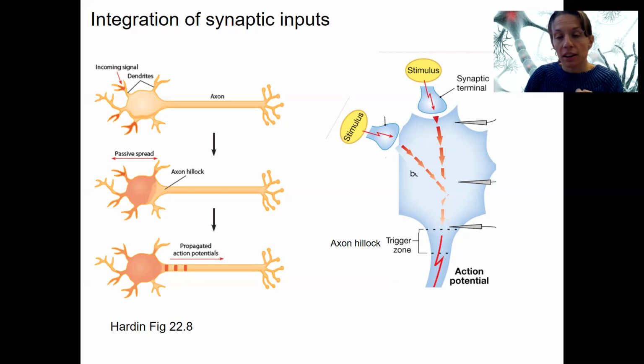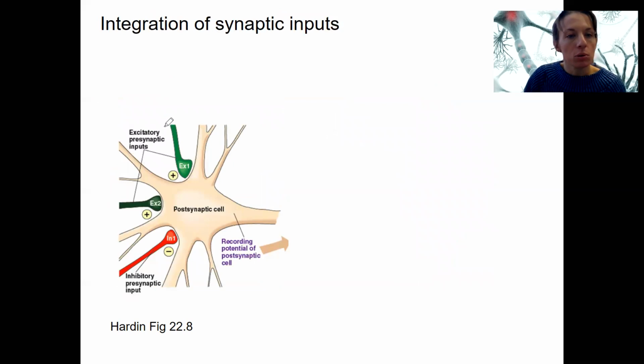So these stimuli can add together in either time or space. Let's look at what I mean by that. Here are two different excitatory inputs and one inhibitory input onto the cell, presynaptic cells and a postsynaptic cell. We're going to look at different scenarios, with different numbers of these firing.